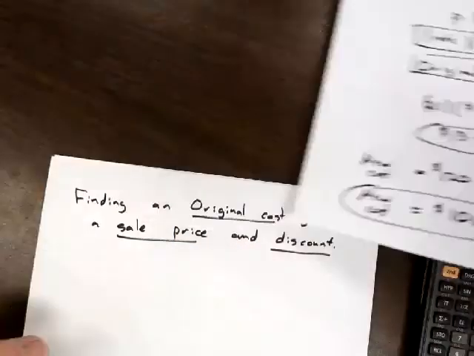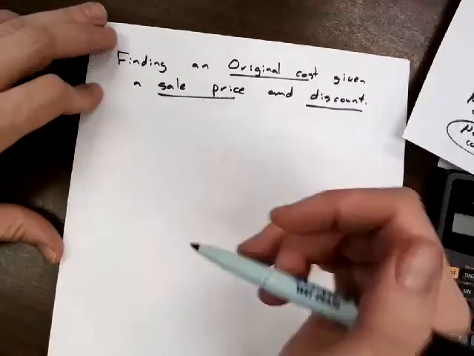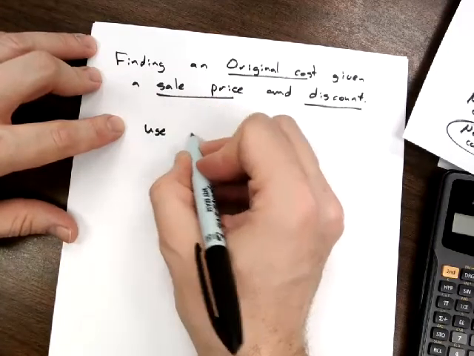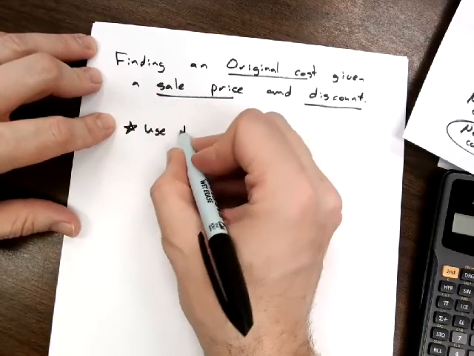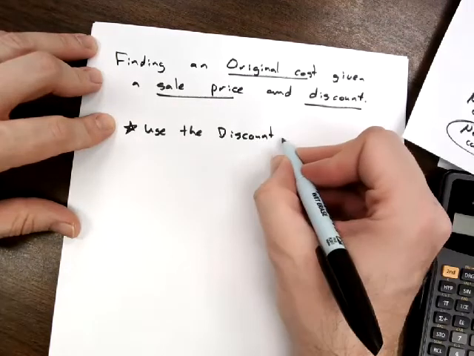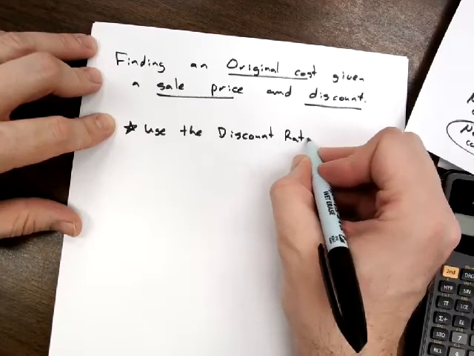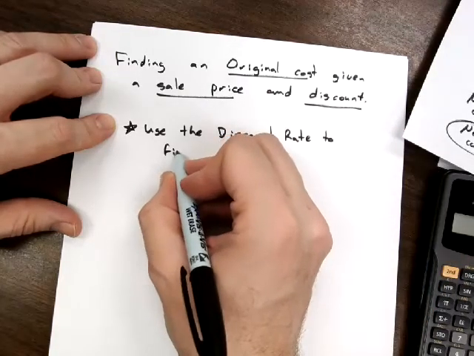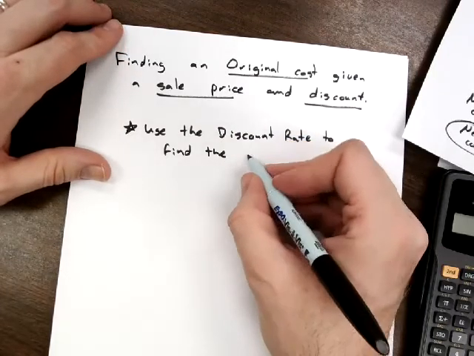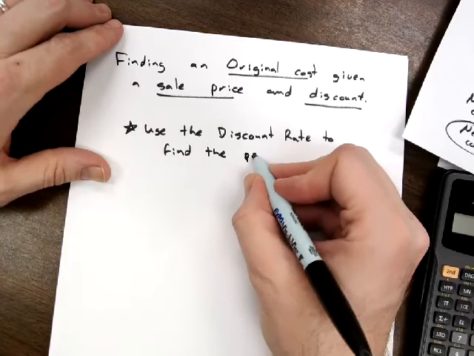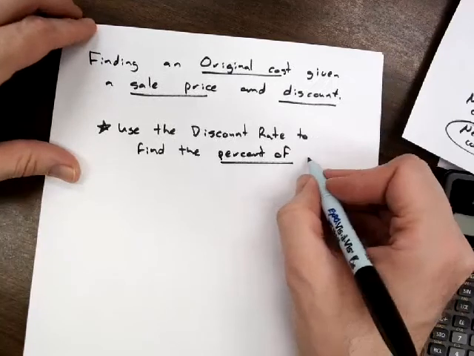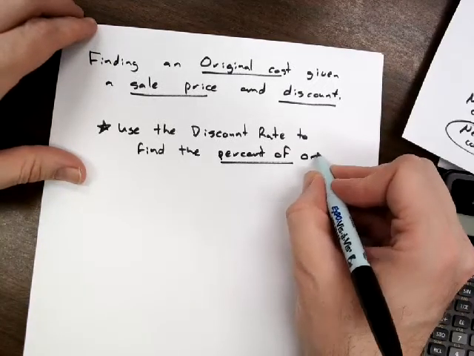So what we're going to do with these kinds of questions is use the discount, or the discount rate, to find the percent of the original that we're paying.